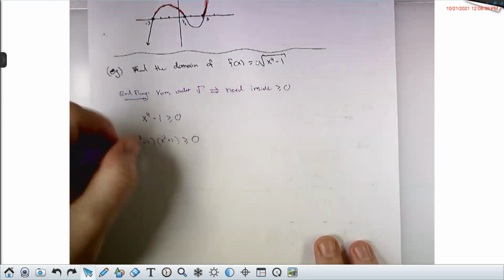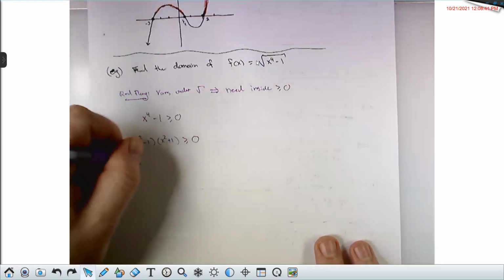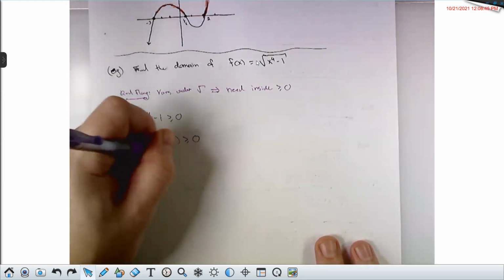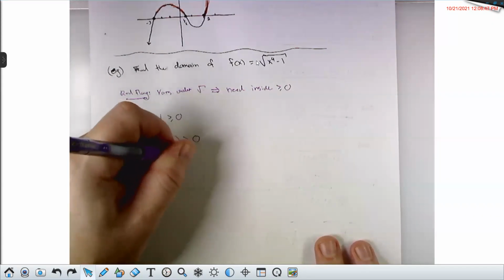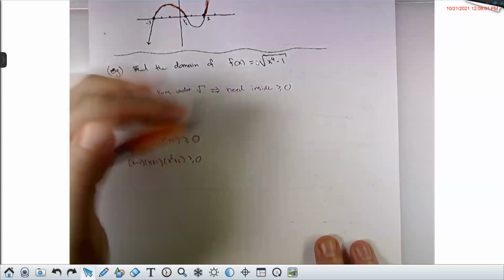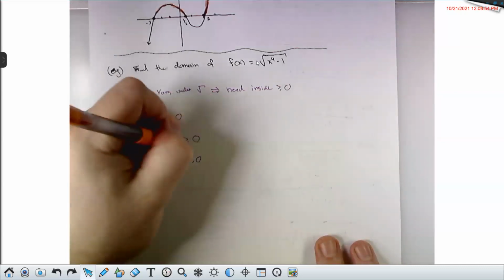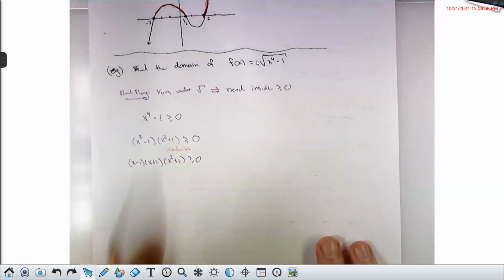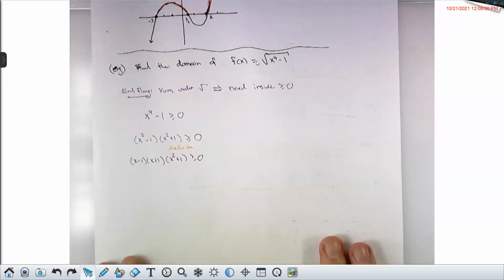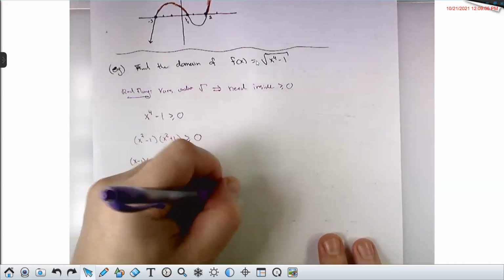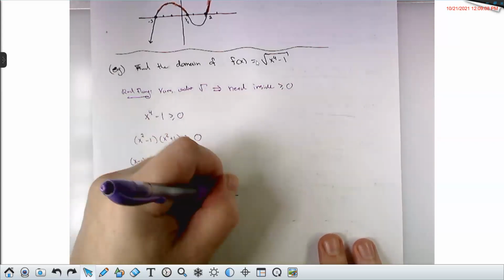Then x squared minus 1 can be further factored as x minus 1 times x plus 1, again as a difference of squares. x squared plus 1 does not factor. It's irreducible, so I'm not going to worry about the x squared plus 1. So my cut points here are positive 1 and negative 1.